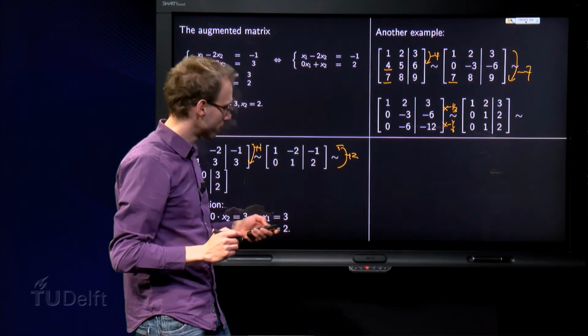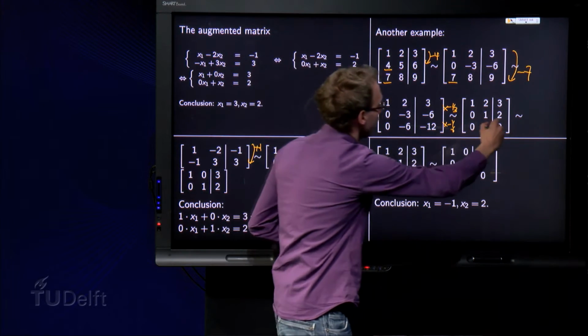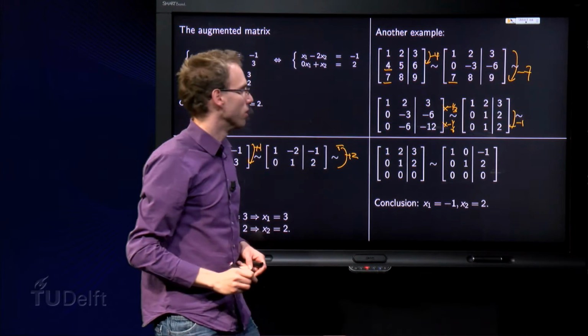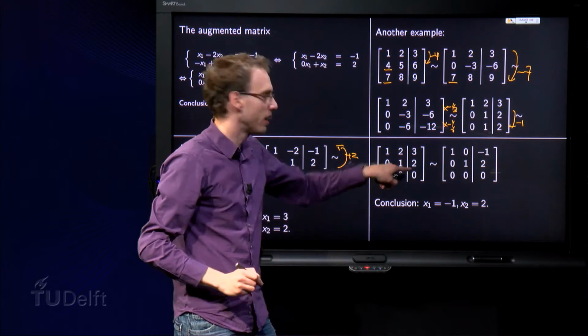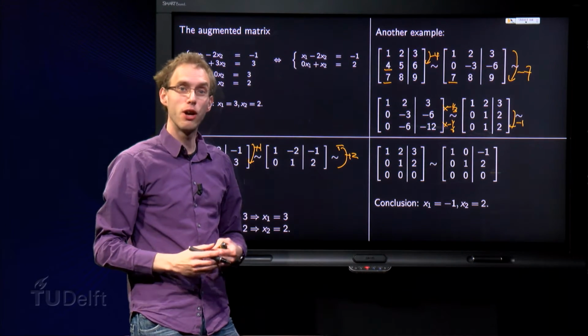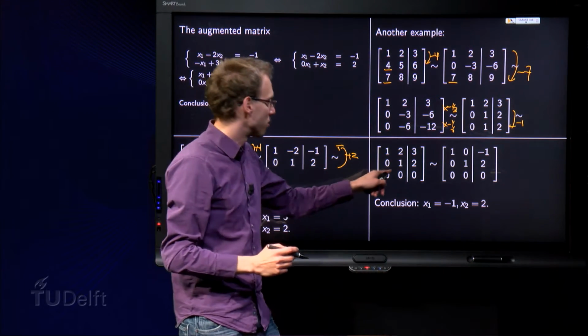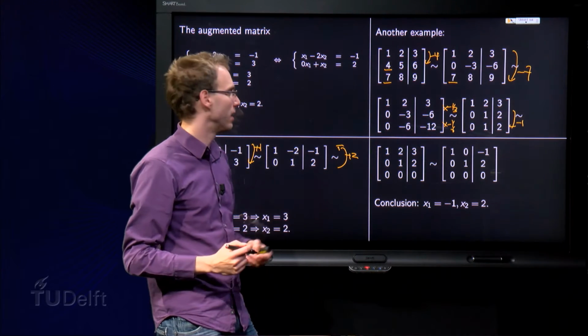So we go on. If we add the second row minus 1 times to the last row, we get 0, 0, 0 over here. No problem. A row consisting entirely of zeros means 0 times x1 plus 0 times x2 equals 0. That's always true, so that's fine.